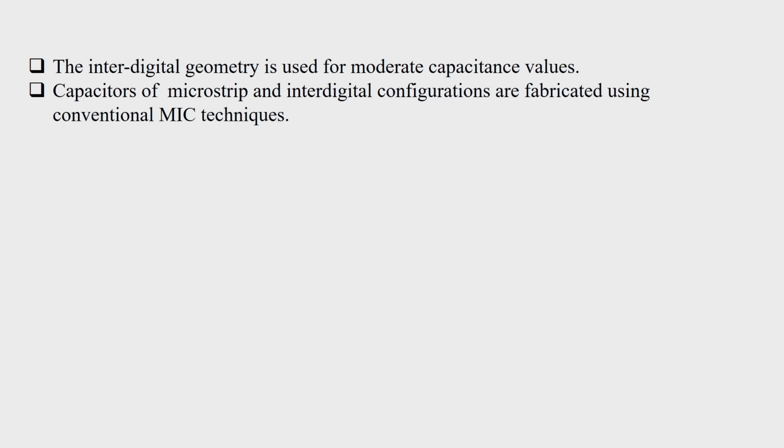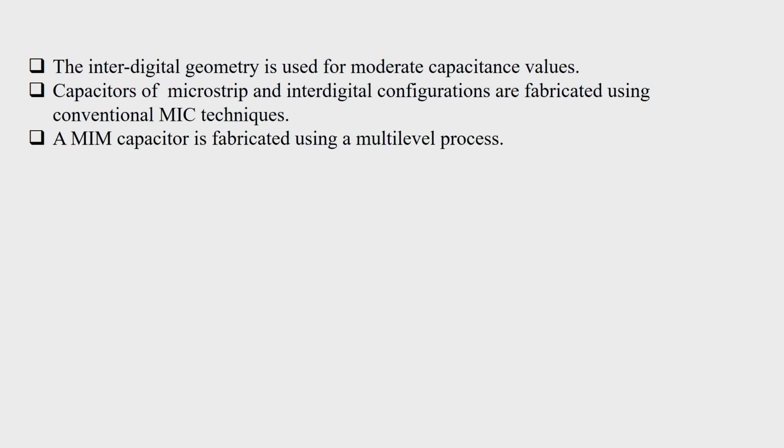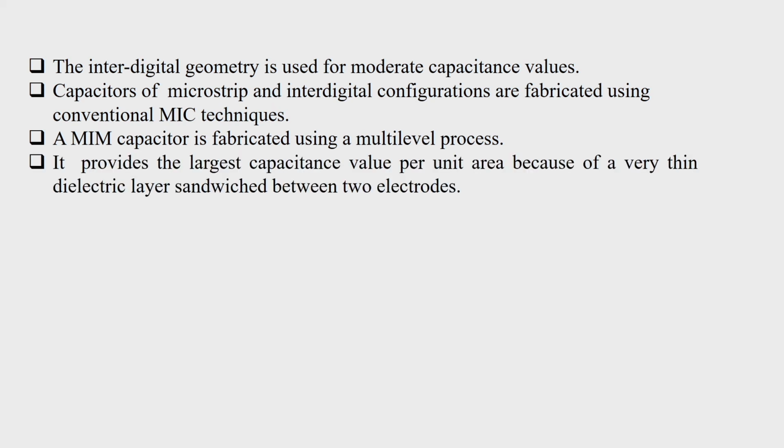Capacitors of microstrip and interdigital configurations are fabricated using conventional MIC techniques. An MIM capacitor is fabricated using a multi-level process. It provides the largest capacitance per unit area because of a very thin dielectric layer sandwiched between two electrodes.